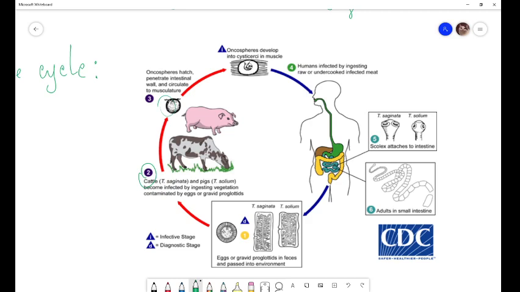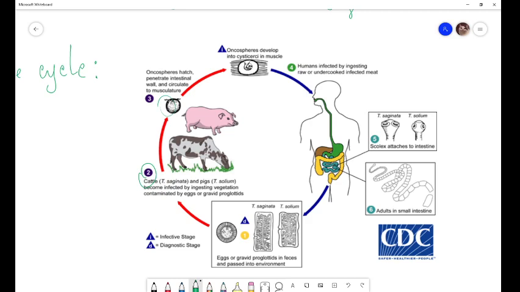Humans become infected by ingesting raw or uncooked or badly cooked infected meat. In the human intestine, the cysticercus develops over 2 months into an adult tapeworm, which can survive for years in our digestive system.